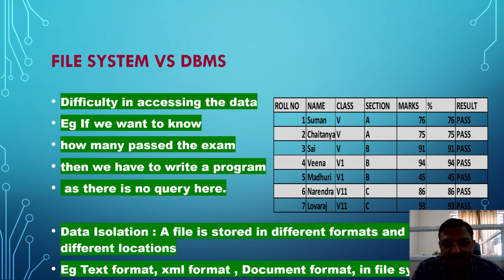Now coming to file system versus DBMS, another difference: difficulty in accessing the data. For example, here we have students named Suman, Chaitanya, Sai, Veena, Madhuri, Narendra, and Lovaras.